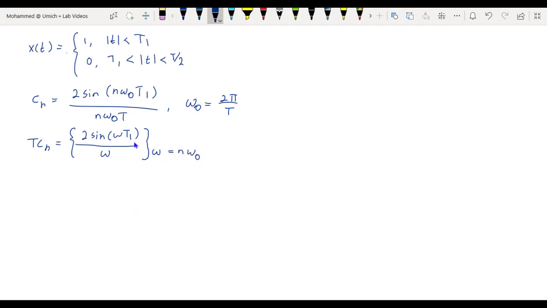So we replaced n omega naught by a continuous variable omega, and then the scaled Fourier series coefficients are samples of this envelope function. In a sense, by thinking about omega as a continuous variable, this function 2 sine of omega t1 over omega represents the envelope of T times Cn, and the scaled Fourier series coefficients themselves are simply equally spaced samples of this envelope.